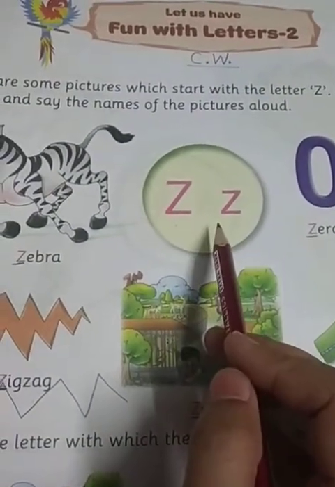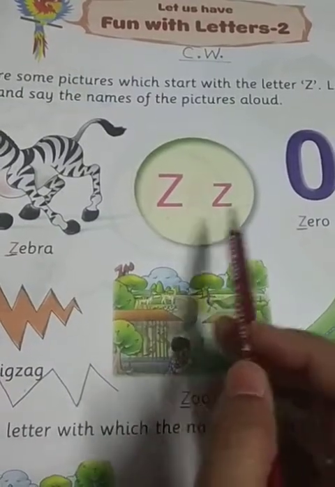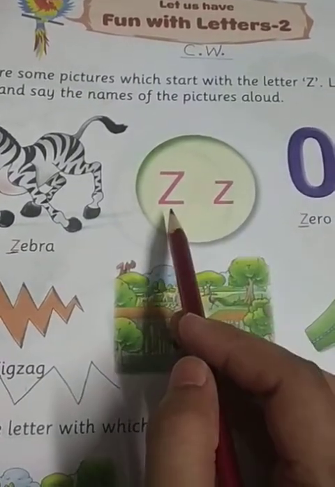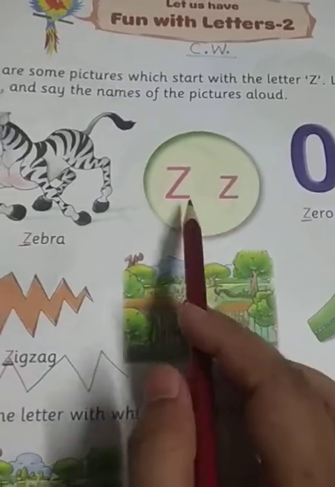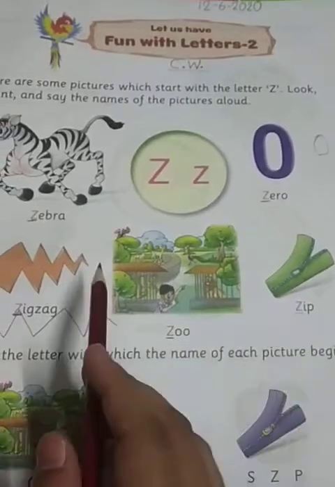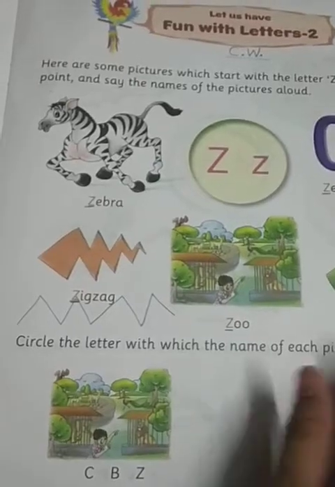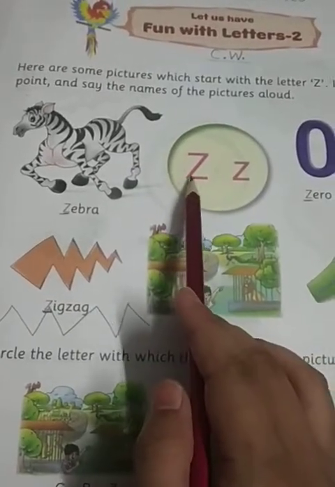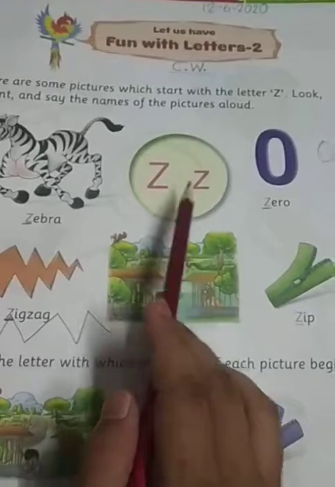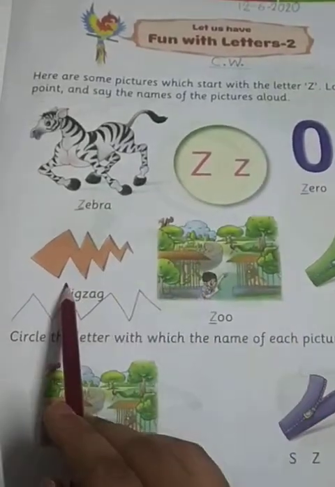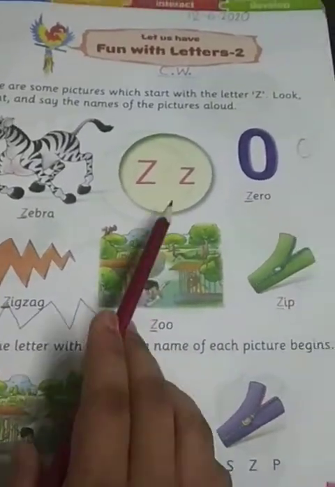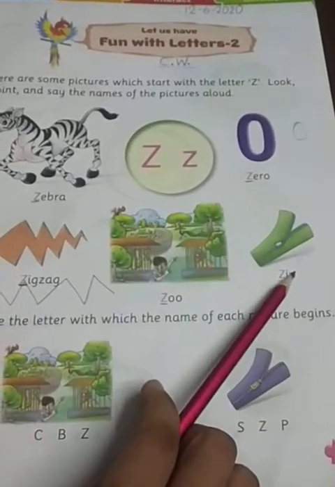You can also pronounce it like Z. Like Z की जगह आप इसको Z भी बोल सकते हैं. So you can use either Z or Z. Okay. So here I am using Z. Z for zebra, Z for zero, Z for zigzag, Z for zoo and Z for zip.